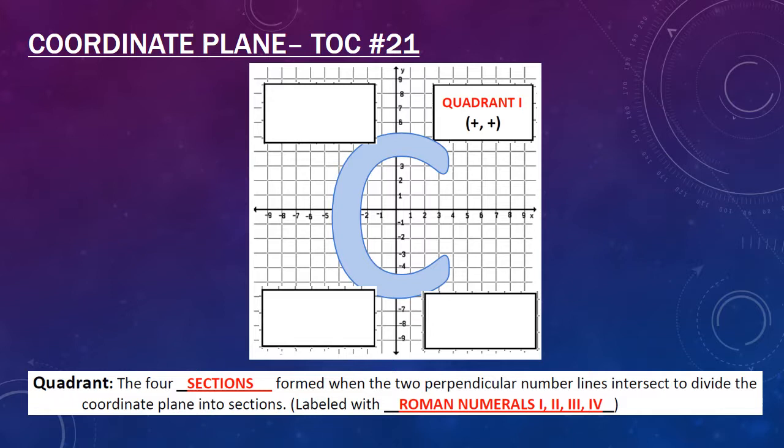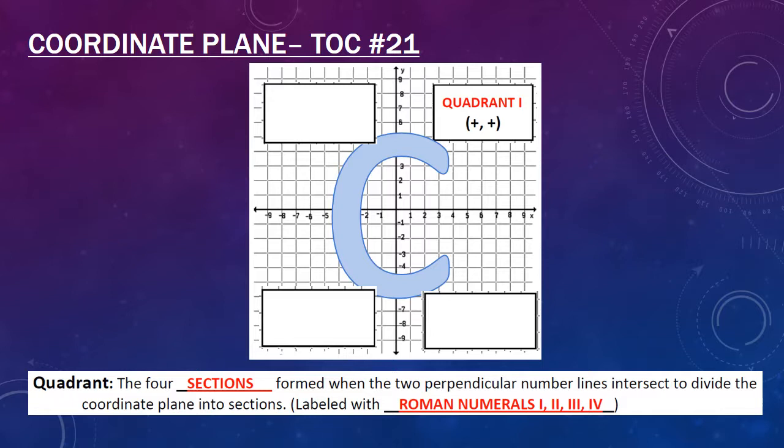So your x-coordinate is going to be positive and your y-coordinate is going to be positive, and that describes the location for quadrant 1. With all of these quadrants, you not only have to be able to name them, but it's very helpful if you can memorize what the values are, or at least be able to know how to find out if they're positive or negative, because then you'll know by looking at a point which quadrant it would be in, and it'll make graphing a little bit easier.